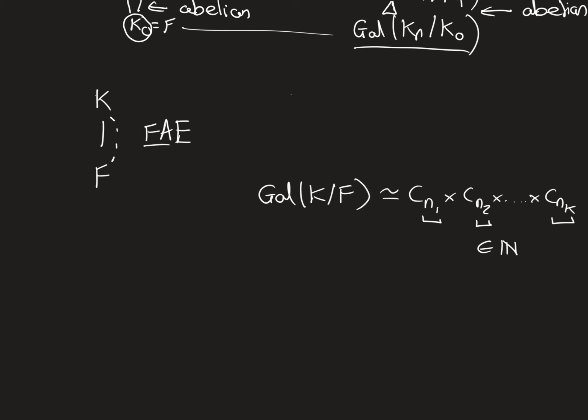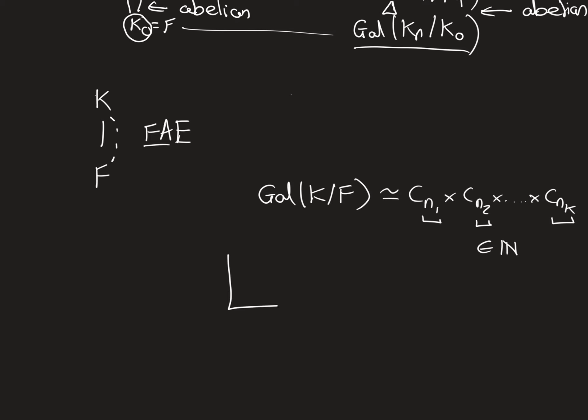So what does this now mean? This means that my abelian group is actually going to have an ascending chain of subgroups that are all going to be normal because it's abelian and therefore all subgroups are normal, and where the quotients are going to be cyclic, because look at this.